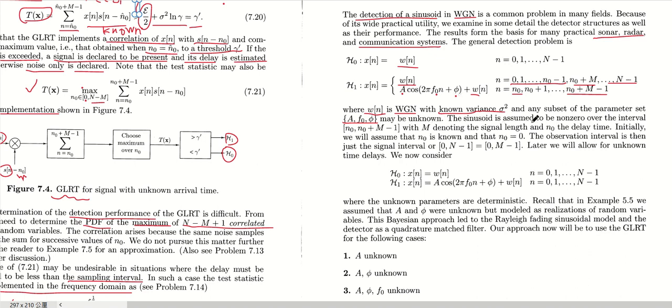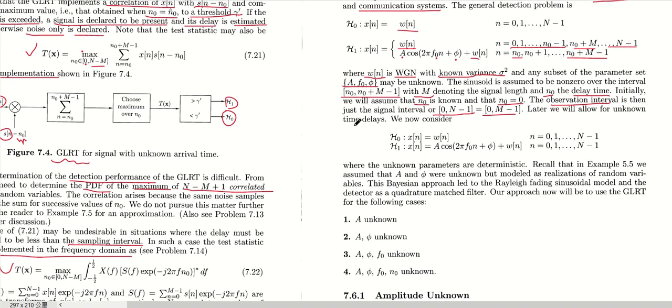The sinusoid is assumed to be non-zero over the interval, with M denoting the signal length and n0 the delay time. Initially, we will assume that n0 is known and that n0 is 0. The observation interval is then just the signal interval. And later we will allow for unknown time delays.